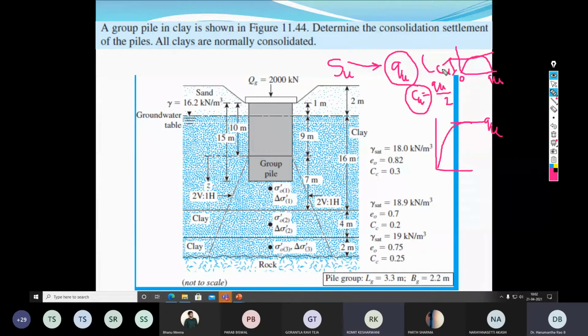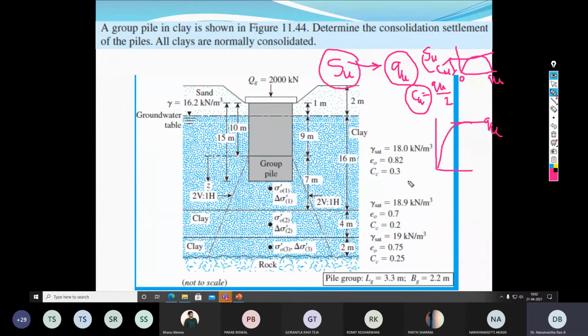Because sir, I think in the last lab you told us SU equals C plus sigma tan phi dash, and for clay phi dash equals 0, so SU equals CU. Suppose you have any such confusion, you are most welcome to take it. Either way, it is correct. But CU equal to SU is valid only for UCS. SU is valid for any kind of test.